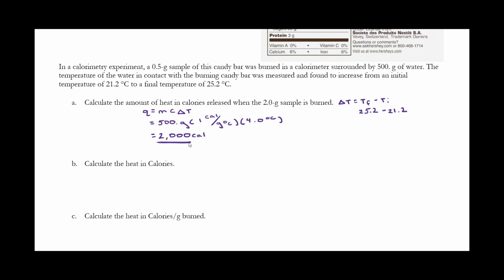Okay, so that's that. Now it wants to know the calories in capital calories. So again, remember, there are 1,000 little calories in a big calorie. So get rid of little calories. And so I have 2 big calories there. Okay.